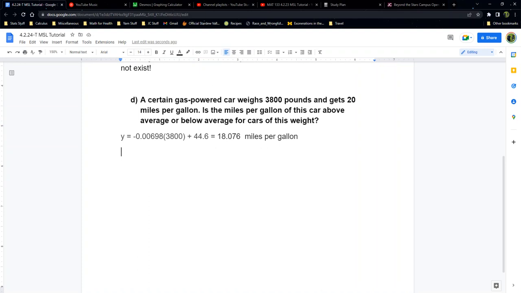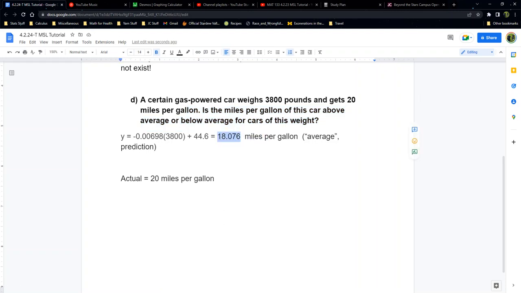Okay, so then we expect it. This is the average, right? This is what we expect. It's our prediction. And then what it actually was, 20 miles per gallon. So then the next question they're asking is, is the miles per gallon of this car above average or below average?